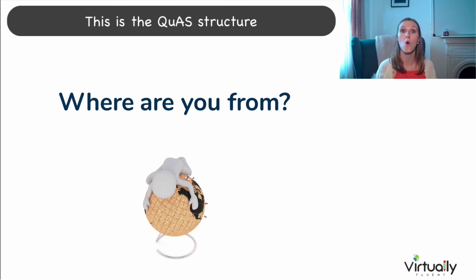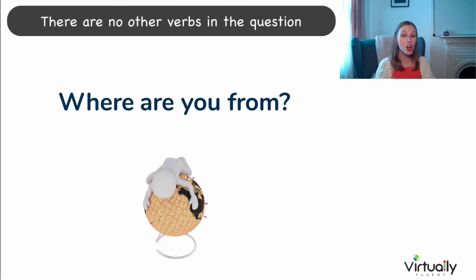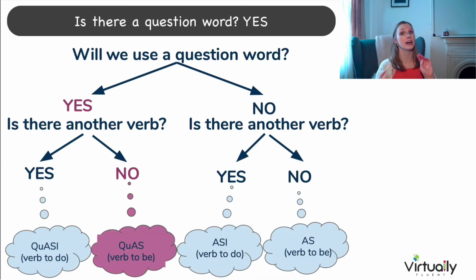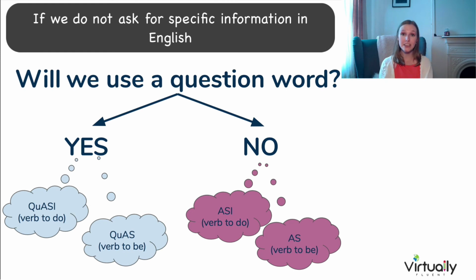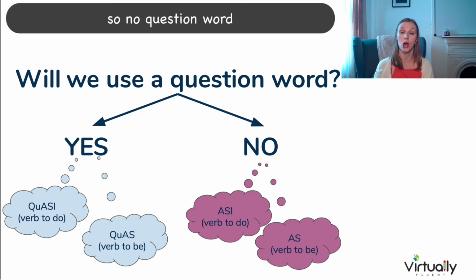This is the QUAS structure. There are no other verbs in the question. Is there a question word? Yes. Is there another verb? No. QUAS structure.